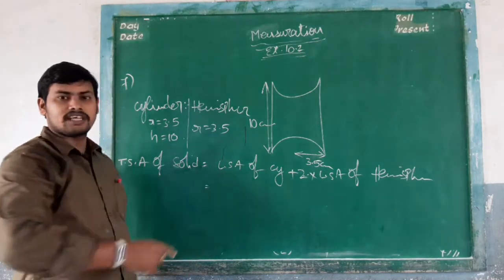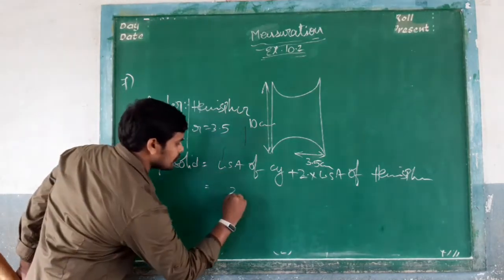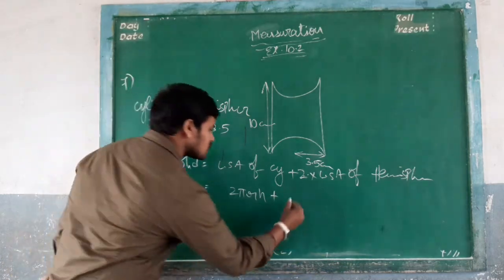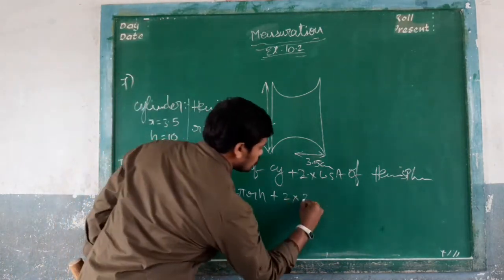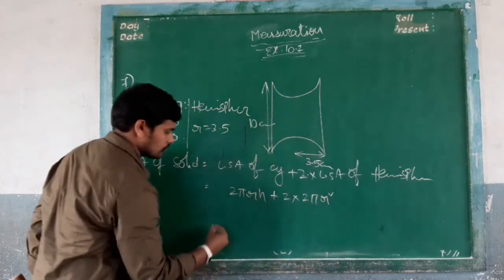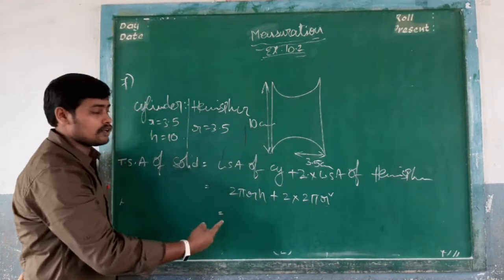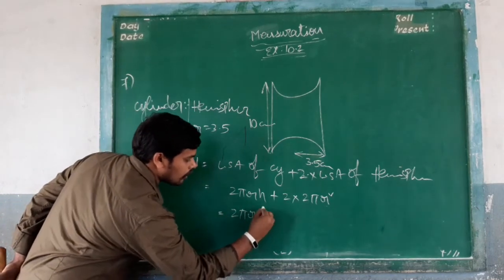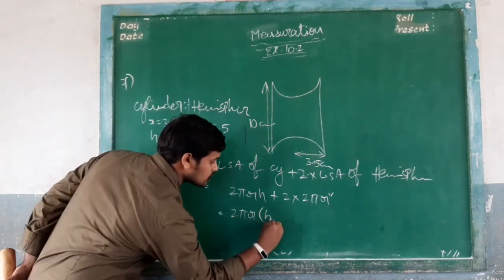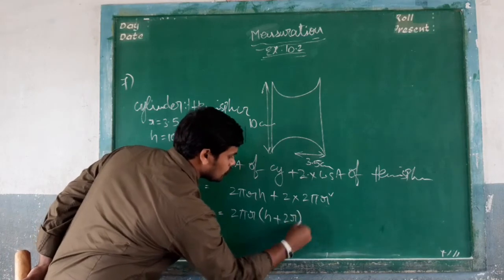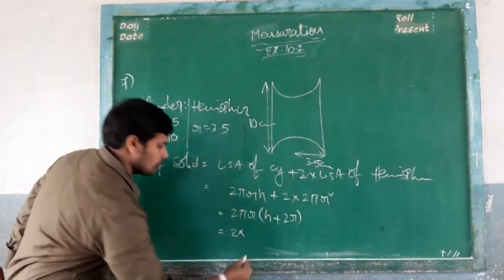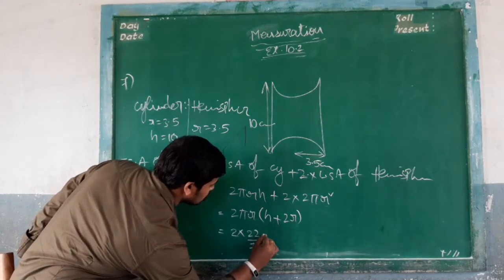The lateral surface area of the cylinder formula is 2 pi r h. 2 into lateral surface area of the hemisphere is 2 pi r square. What is the common value here? 2 pi r. Here the remaining one is h. Here h plus 2r. 2 into pi value 22 by 7.